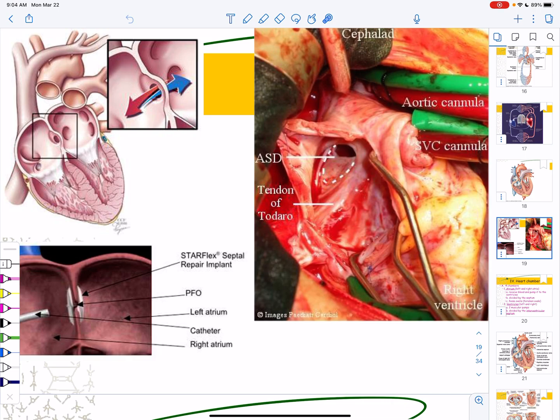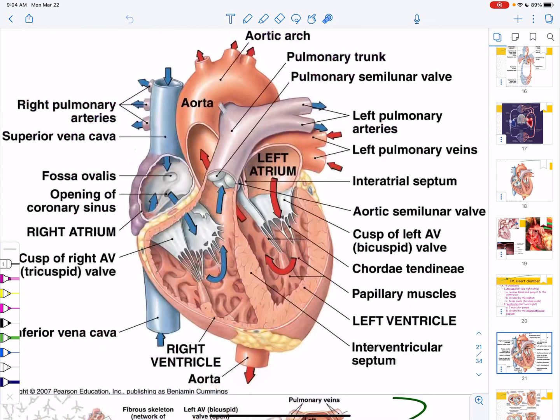Okay, so the atria are those two top chambers of the heart. Here is where I'm coloring in the right atrium. Inside the right atrium, you can see the fossa ovalis. This is closed. If it was still open, it would be the foramen ovale.